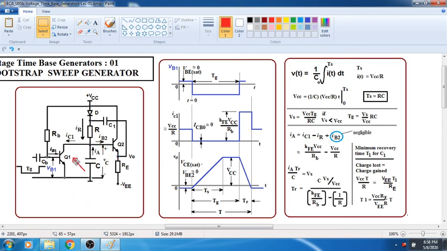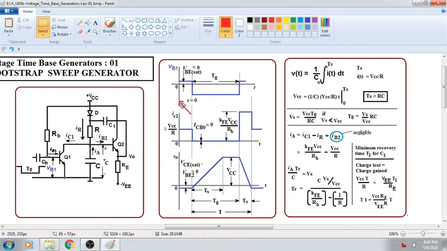So how the currents are flowing, and how this is Tg, you see here, this is nothing but your gate pulse. When the gate pulse becomes negative, you can see here the sweep will start. This is called the sweep. The sweep is linearly increasing with time. It's like a straight line. Once it reaches VCC, it will remain at VCC, and whenever this gate becomes positive again, the retrace will start.